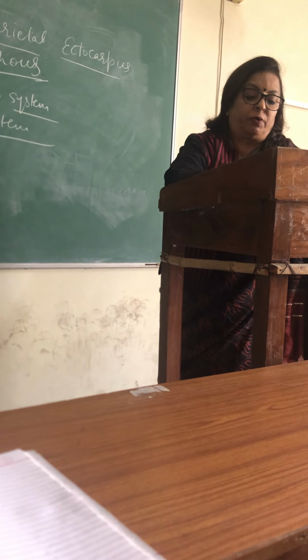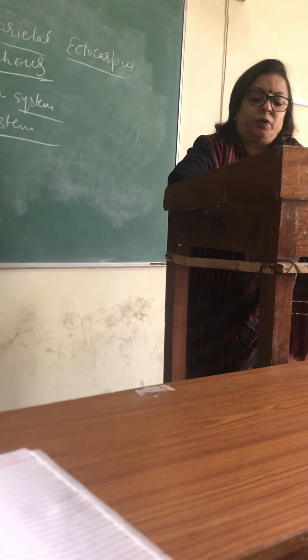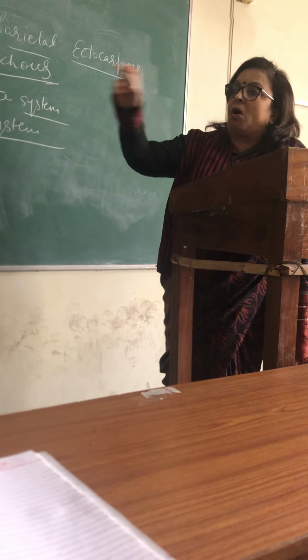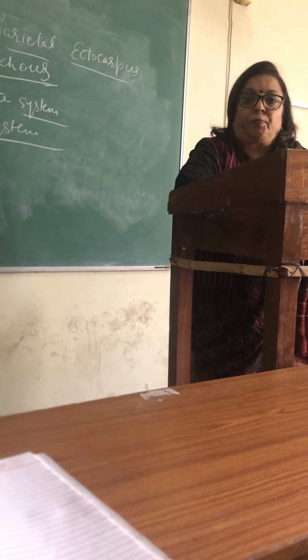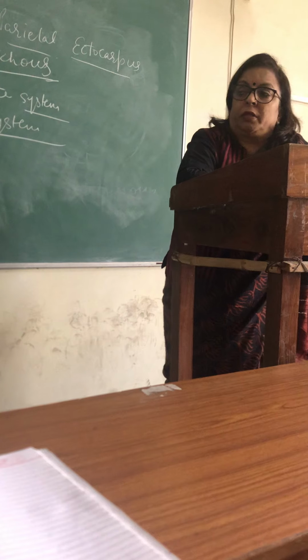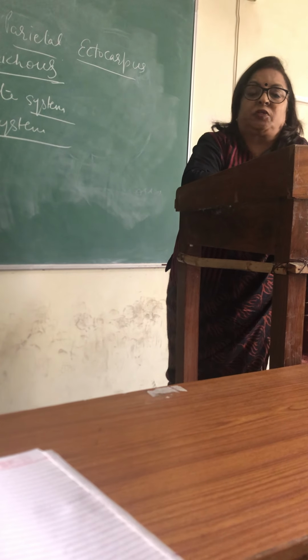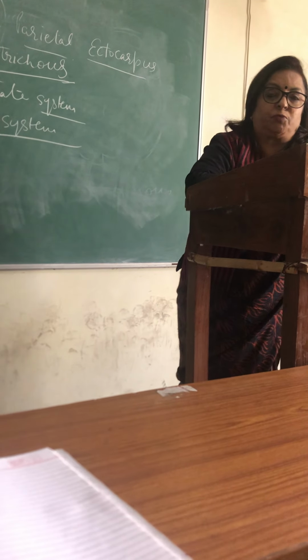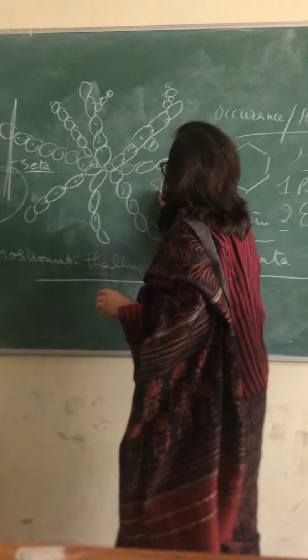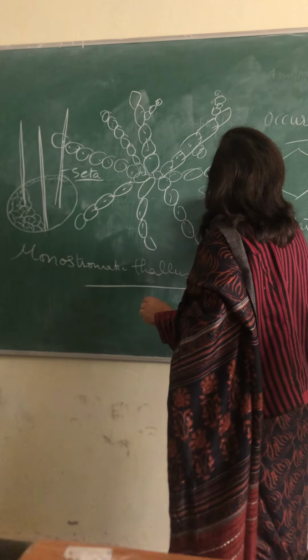Then, like I told you, we have embedded bristles, or they are known as the seta. These setae arise from the cells, and cells form small protrusions. These small protrusions form a sheet-like base, a protoplasmic sheet.